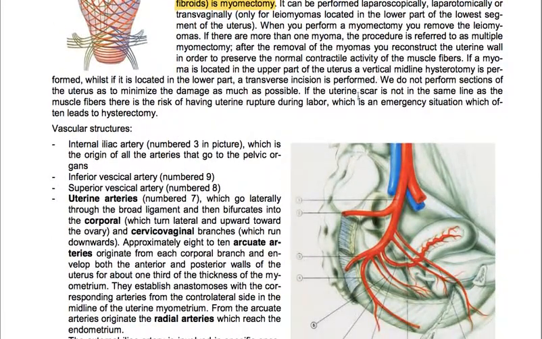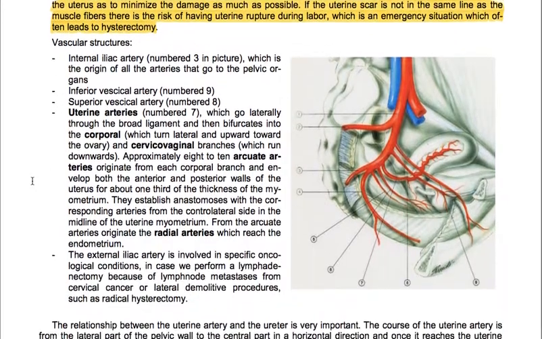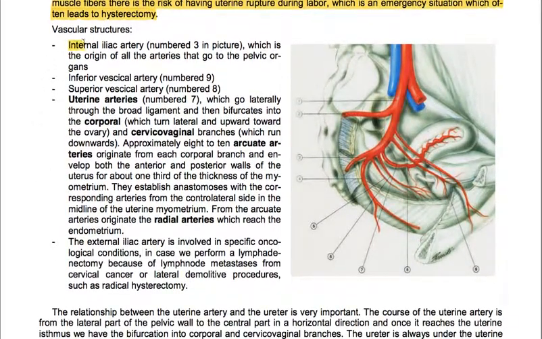Then vascular structures. We have an internal iliac artery, which is the origin of all the arteries that go to the pelvic organs. We have an inferior vesical artery, a superior vesical artery, and uterine arteries, which go laterally through the broad ligament and then bifurcate into the corporal and cervicovaginal branches, which run downwards.